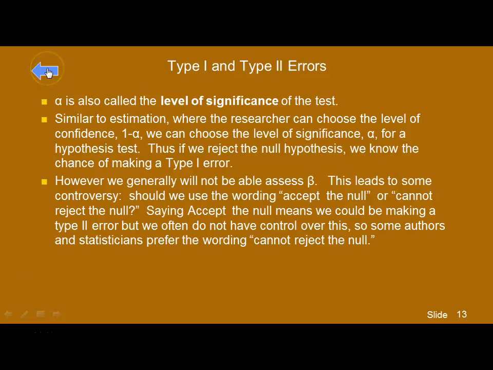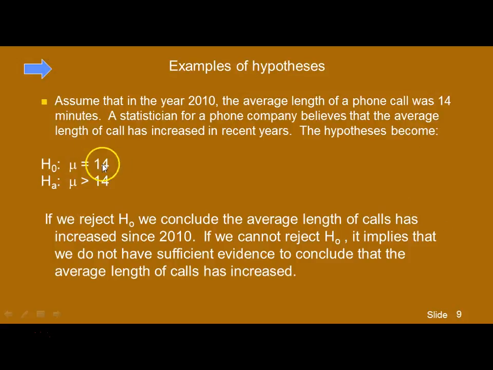Let me show you why we can't assess beta. Let's go back for just a moment to this hypothesis test. Is the mean 14 or is it greater than 14? A type 2 error would say we accept the null, that the mean's 14, when in fact the alternative was true. Something in the alternative is true, which means the mean is greater than 14. The problem with that is if the mean is greater than 14, well, what is it? Is it 15, 16, 14 and a half, 17?